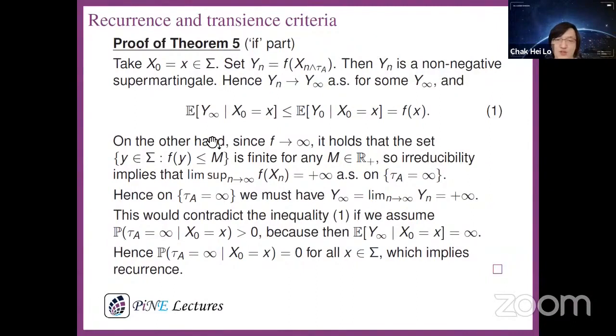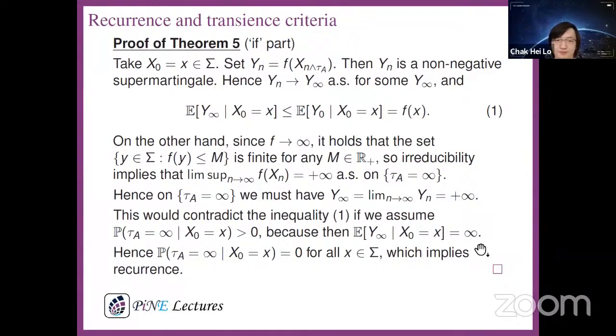Okay, so if we assume that there's some probability that this event that we condition on is actually happening, so the probability of this is greater than 0, then when we take the expectation of this thing, we'll have infinity. But this can't be happening because this is less than or equal to f(x).